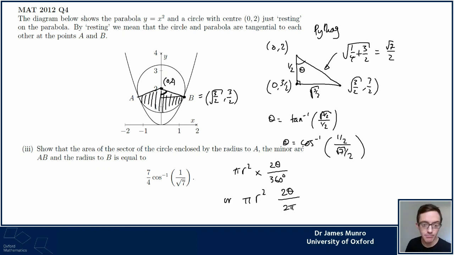Back in 2012 the maths used radians, so the answer being given here is precisely pi r squared, where the radius of the circle is root 7 over 2, squared, times 2 theta over 2 pi, which is just theta over pi. We saw that theta was inverse cos of 1 over root 7, and the pi's cancel out. So that's what this is.